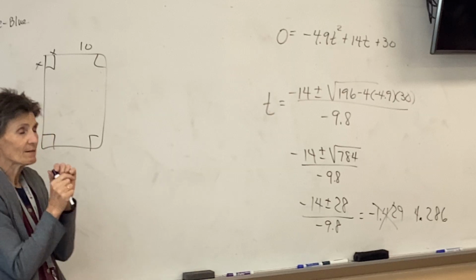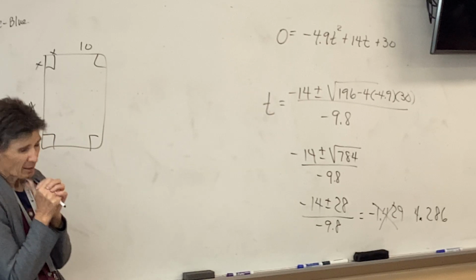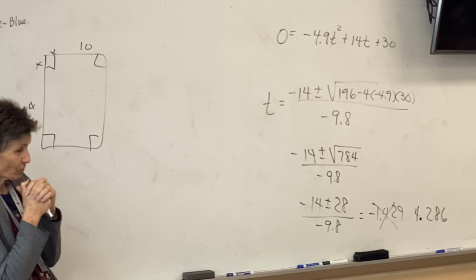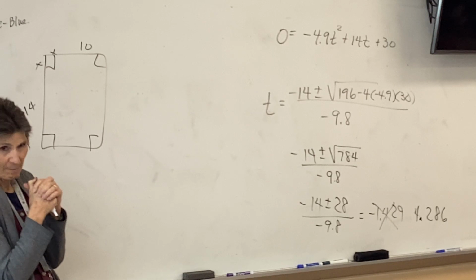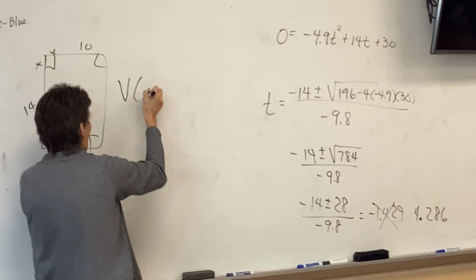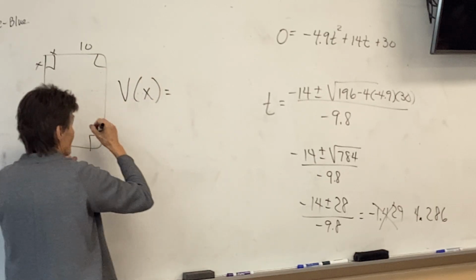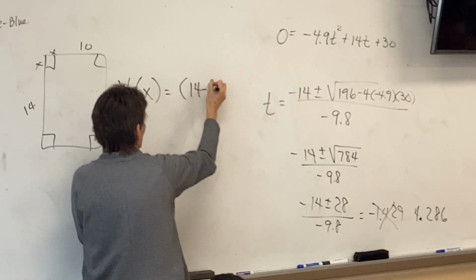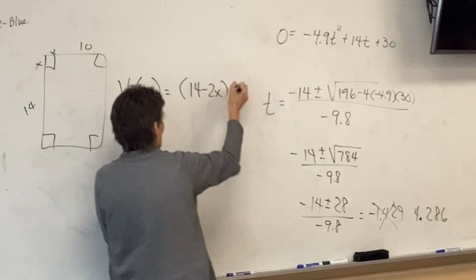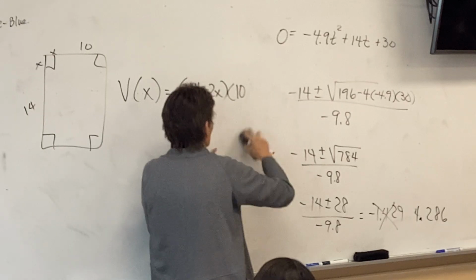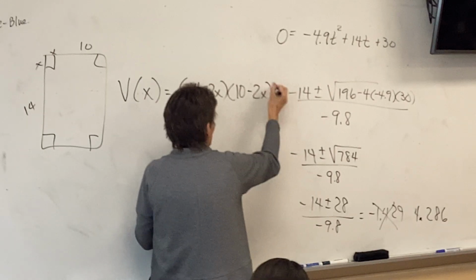Now, I have kind of programmed you that when you hear the word maximum, you should think about vertex. The problem is, this equation is not going to be quadratic. The volume is length times width times height.